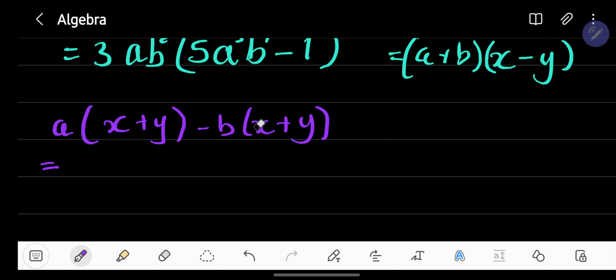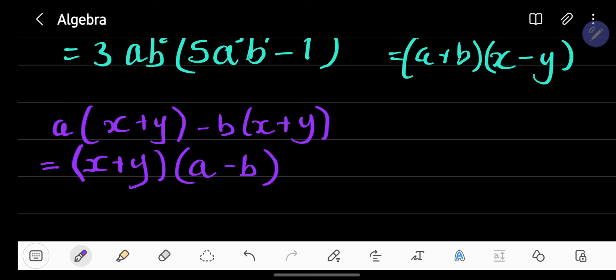It appears here, it also appears there. So you take it as common factor. And then if you take x plus y here as a common factor, what do you remain with on this term? You remain with a there, minus here, if you take x plus y, you remain with b there. So that's your answer.